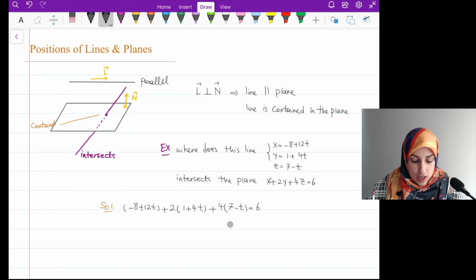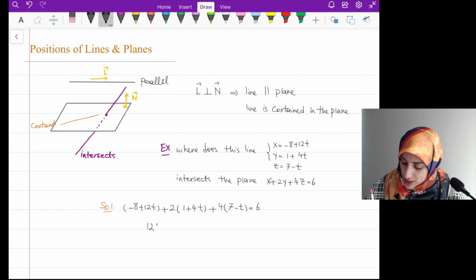So now I solve it and I get 12t plus 4t minus 4t, so I get 12t, and then I have -8 plus 2, which is -6, plus 28, so I have plus 22, and it's equal to 6.